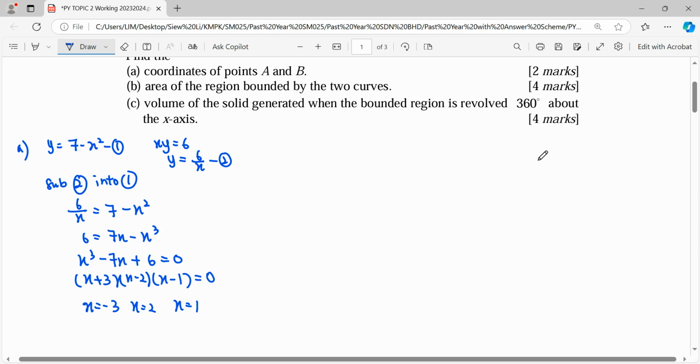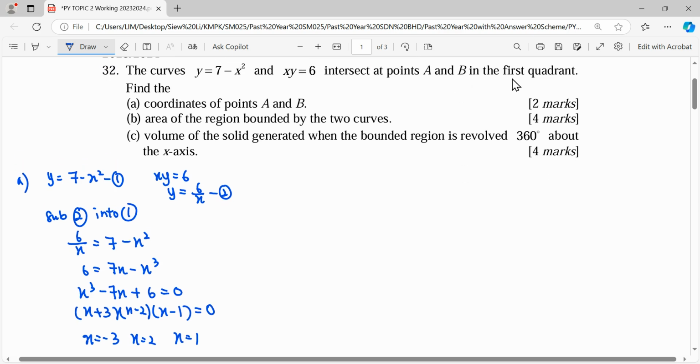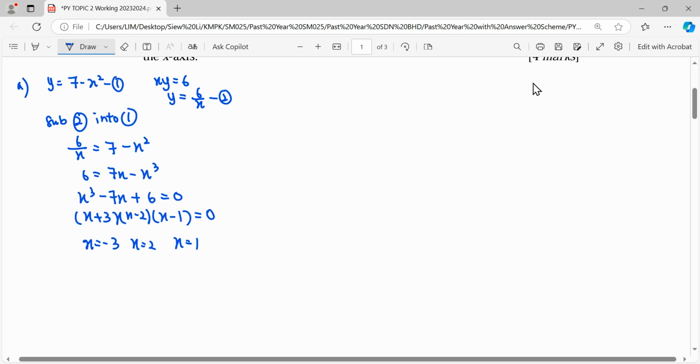And read back to your question, you have to be alert that your intersection point here happens in the first quadrant. So first quadrant means your x is supposed to be greater than 0, which is positive. So therefore, for x equals negative 3, we're going to ignore it. This is not a first quadrant coordinate.